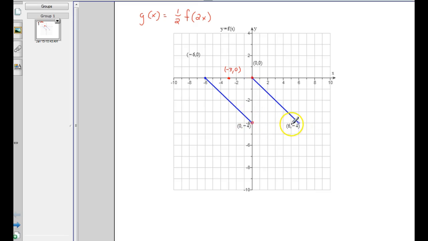That one's open. At this point, 6, 4. Once again, if I have 6, I get 3, and then if I double 3, I get 6. And that will give me the -4. But oops, I need to make it open. Over here corresponding with 3, if 3 goes in, I double it. 3 times 2 is 6, so f of 6 is -4. But that point is occurring over here now. I just want to emphasize I'm not done yet.